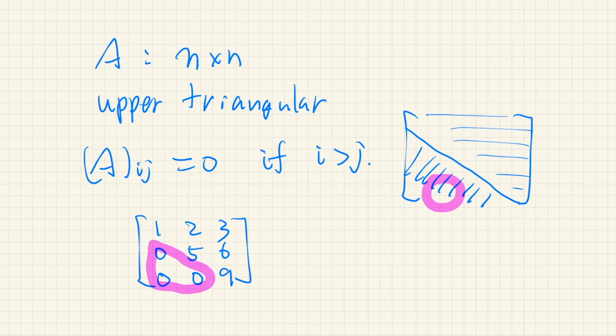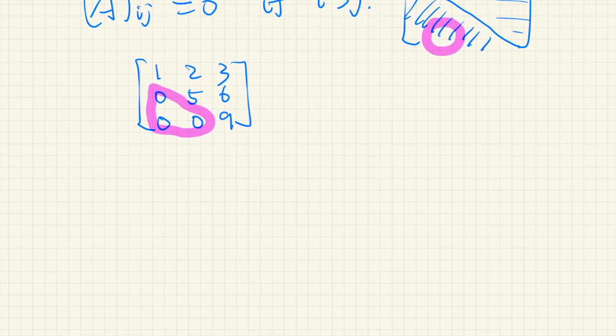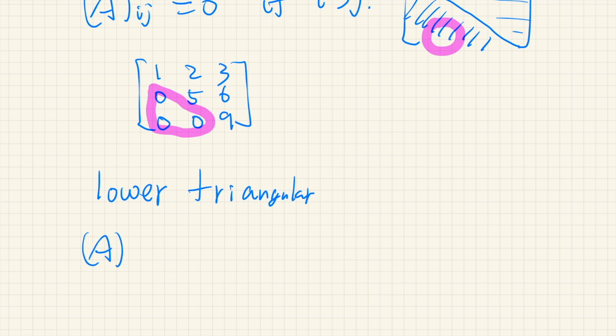In a similar manner, we define the lower triangular matrix. A matrix is called a lower triangular matrix if its ij element is 0 when i is less than j.